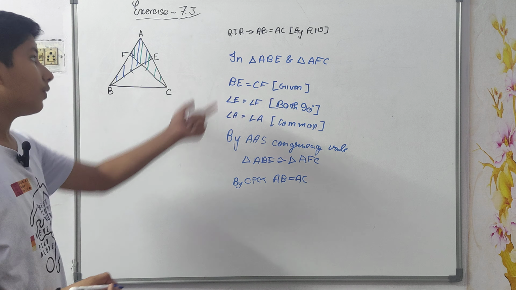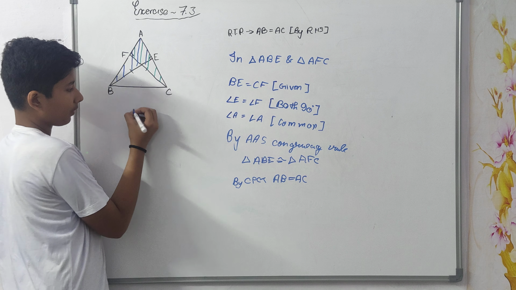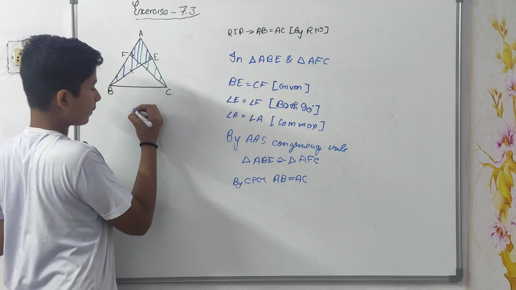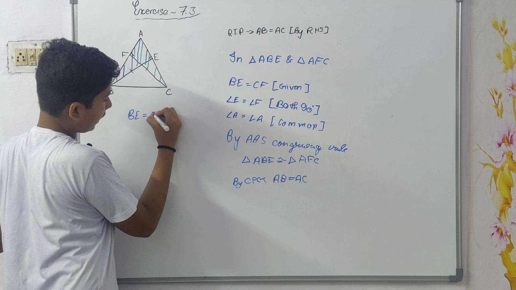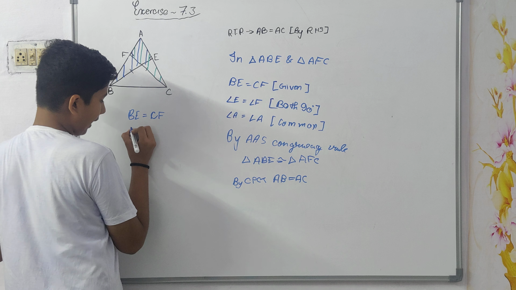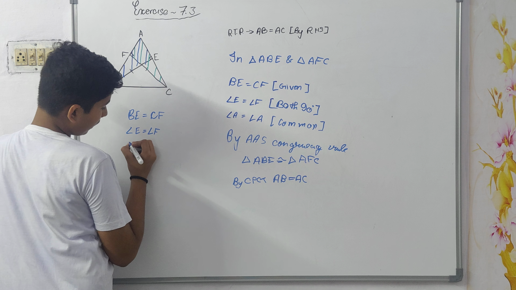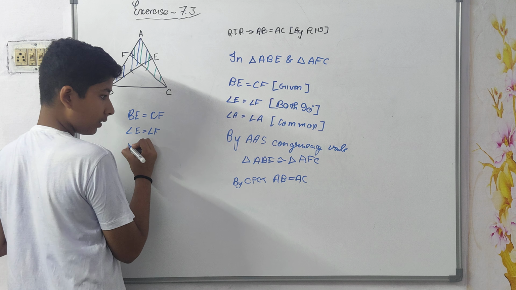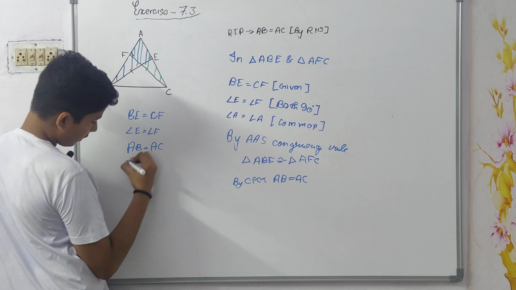And now we can prove it using the RHS formula. BE equals CF. Angle E equals angle F. AB equals AC.